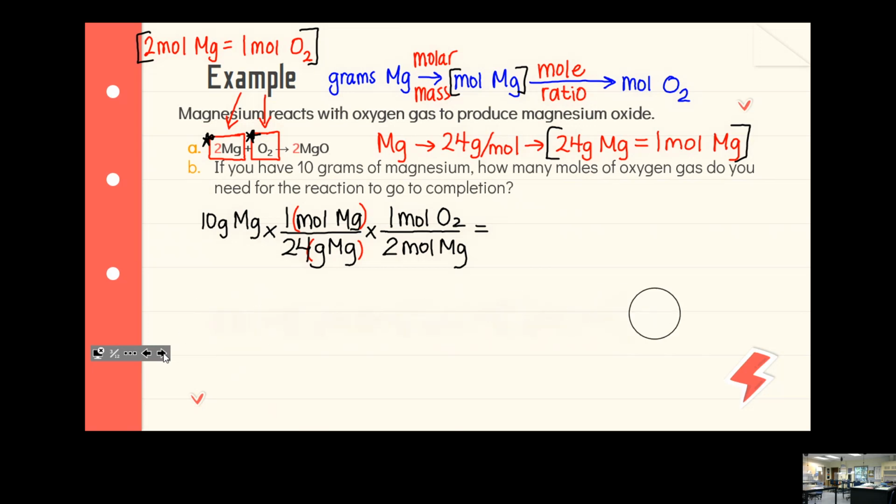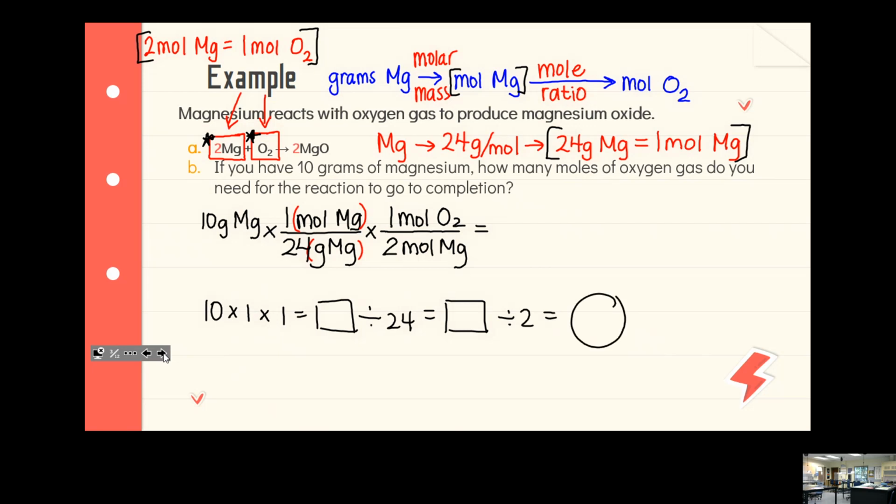You could also do everything up top. So 10 times 1 times 1, get that number, divide by 24, get that number, and divide by 2 to get your final answer. You could also do all the math across the top and the bottom.